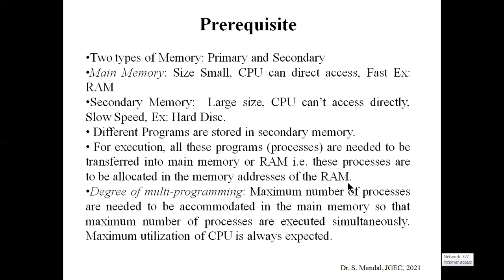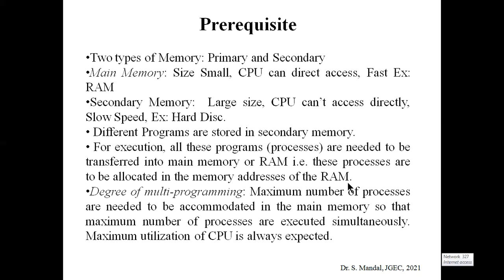Now coming to another important concept, the degree of multi-programming. In a multi-programmed operating system, a large number of programs can be executed at the same time. The degree of multi-programming means that we should design the operating system such that the maximum number of processes can be accommodated into the main memory, so that maximum CPU utilization can be achieved.